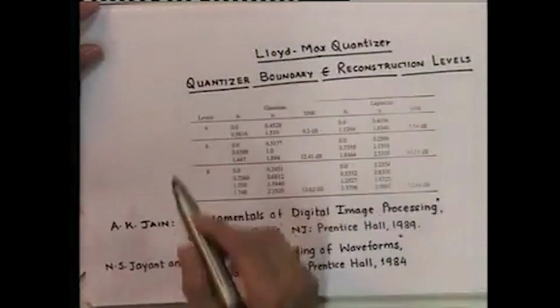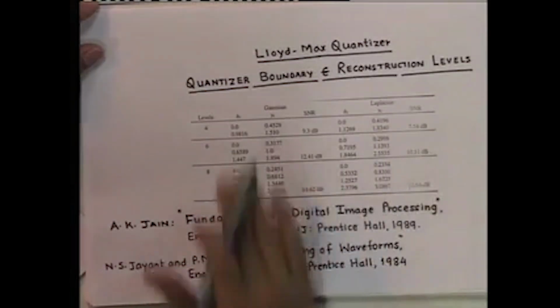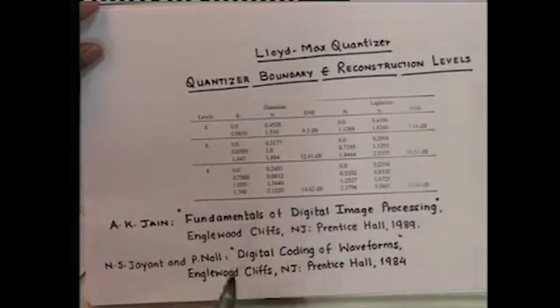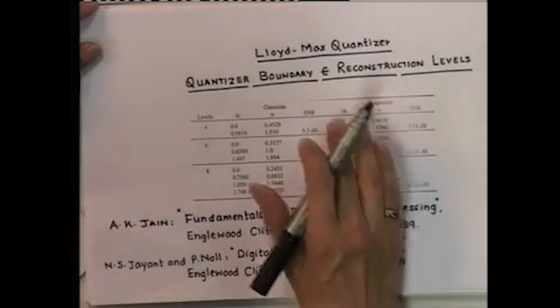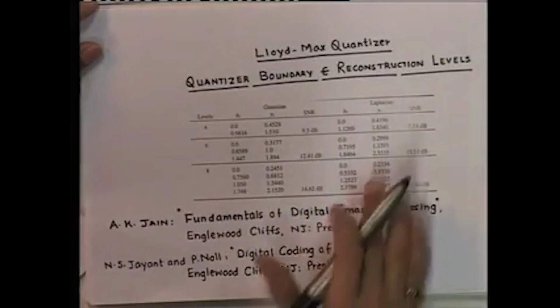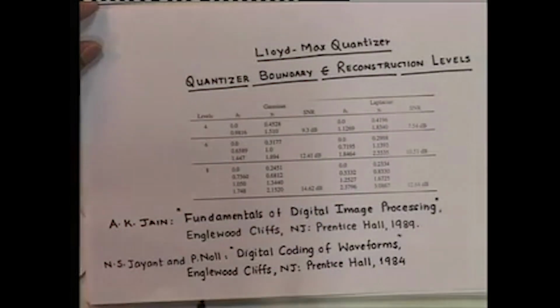Now, this table provides the decision boundaries and the reconstruction levels for various probability density functions and number of levels generated using the procedure just discussed.